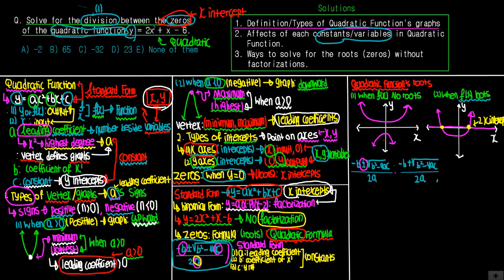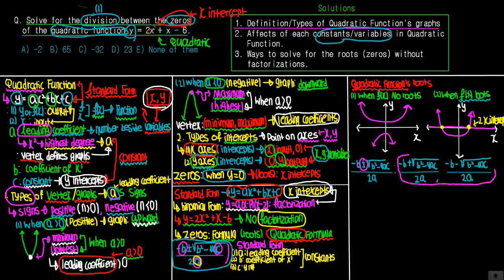And the other will be negative b minus square root of b squared minus 4ac, all over 2a. These are the two formulas, or the two roots, that the quadratic function's graph must contain.